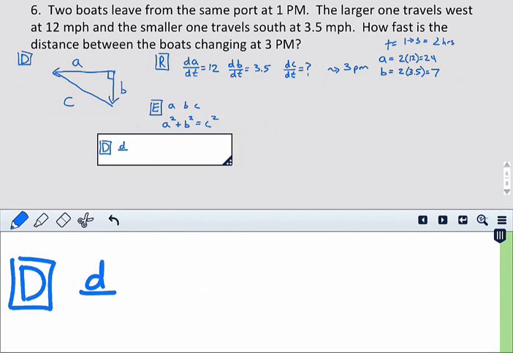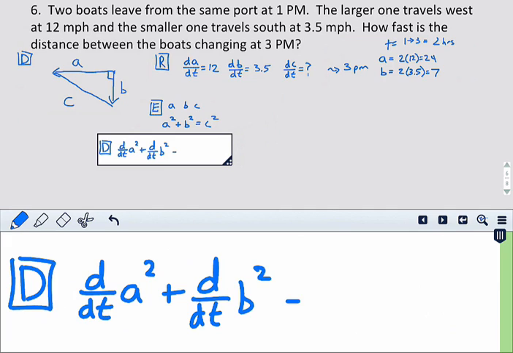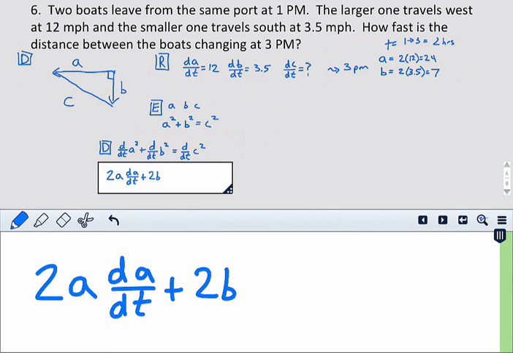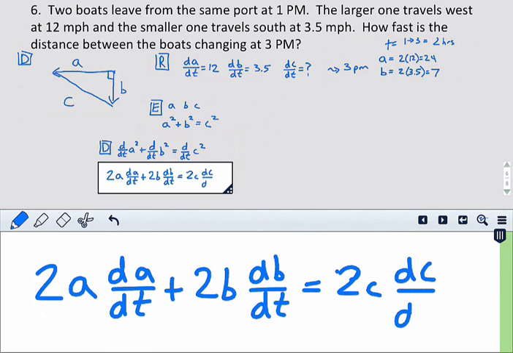So we're going to have the derivative with respect to t of A squared plus the derivative with respect to t of B squared, and that's going to equal the derivative with respect to t of C squared. So using our implicit differentiation and the chain rule, we get 2A times dA over dt plus 2B times dB over dt equals 2C times dC over dt.